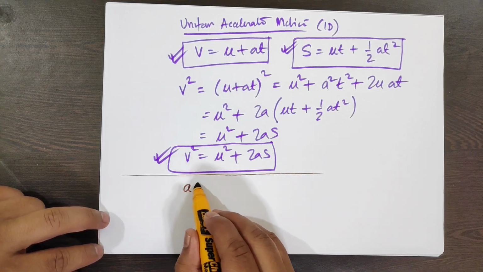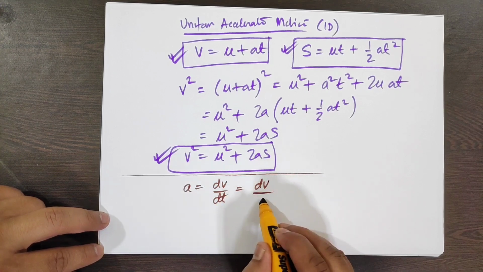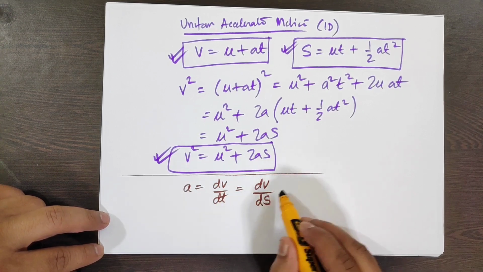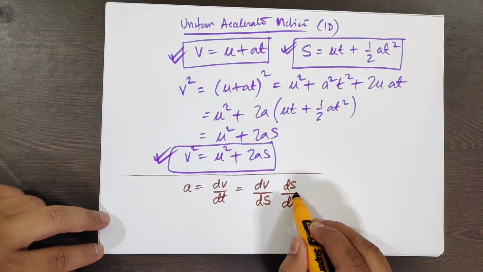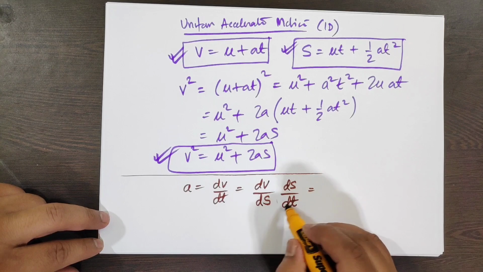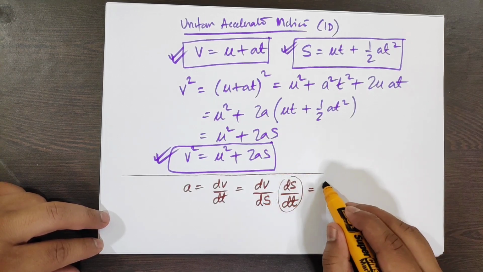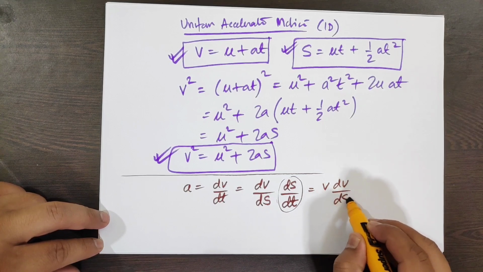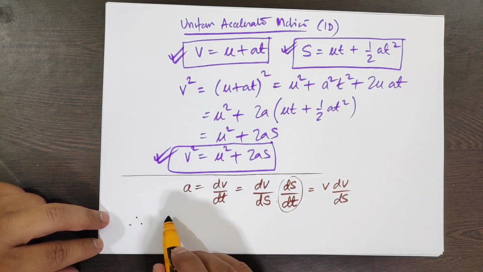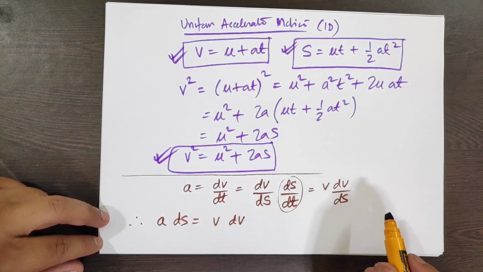You know a equals dv by dt, so you can write dv by ds into ds by dt. That is the chain rule. Again this ds by dt is v, so a equals v dv by ds. Therefore a multiplied with ds equals v times dv.